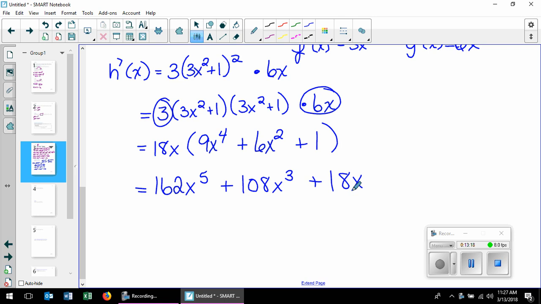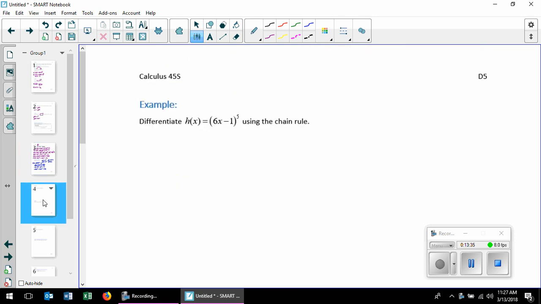So to me, that's a lot less work than option 1. And there's a lot less multiplying for me to screw up. You get the exact same answer, it's just how much work you want to do to get there. And then some of them are really nice, and like this one we're not going to simplify. It's an exponent of 5, we're not going to simplify it.